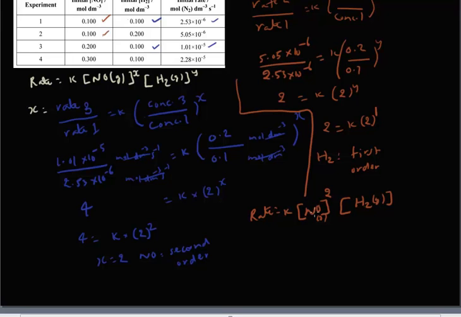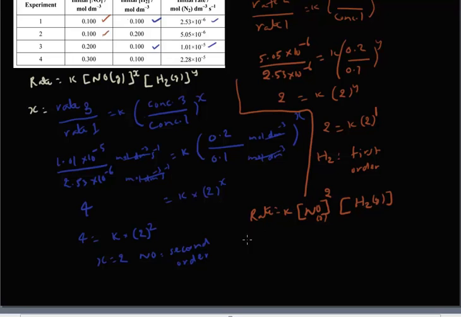If I double the concentration of NO, my rate will increase by 4 times. Whereas when I double the concentration of H2, it is first order, so the initial rate will also double. So there is an exponential relationship between the concentration of NO and the initial rate, and a linear relationship between the concentration of H2 and rate.